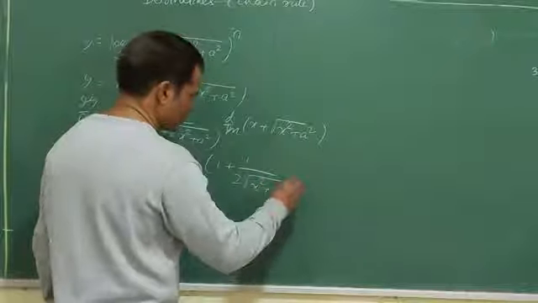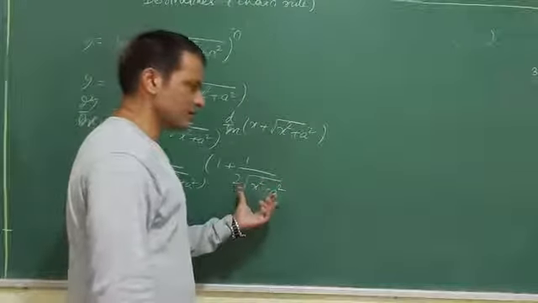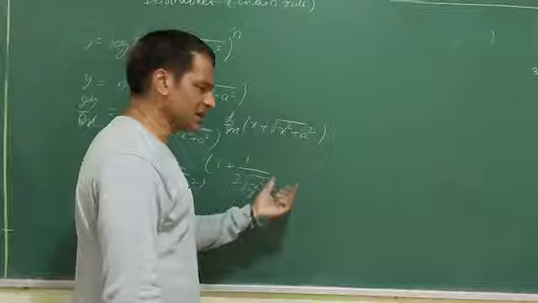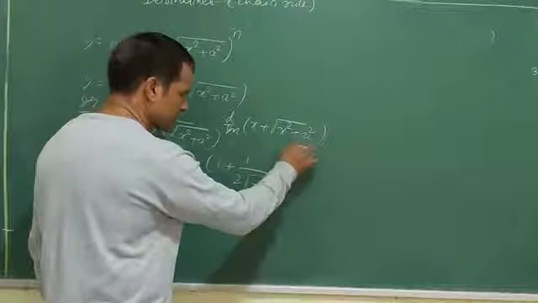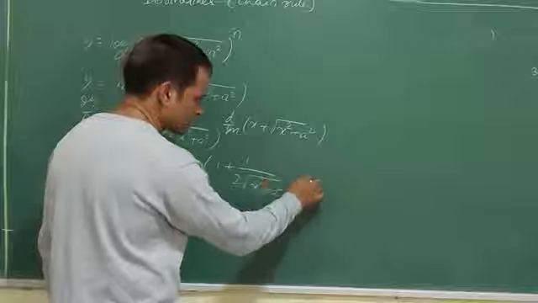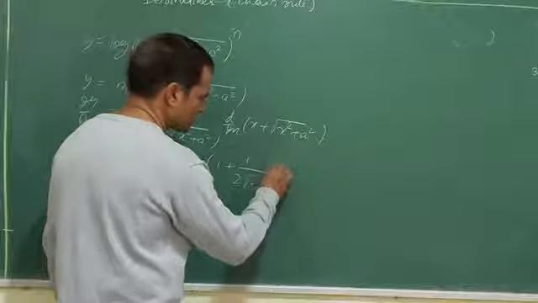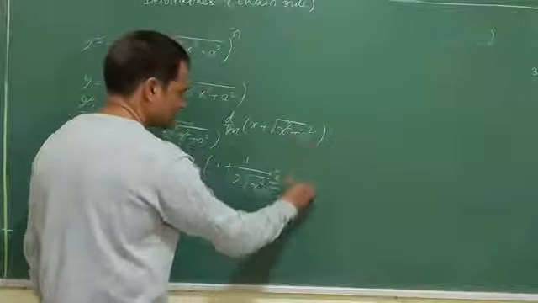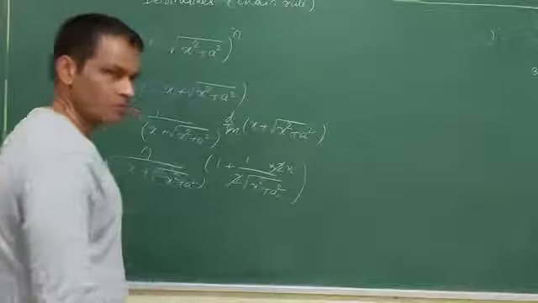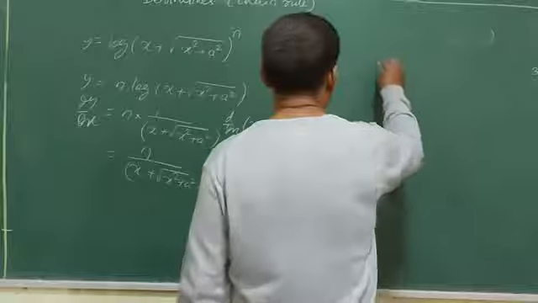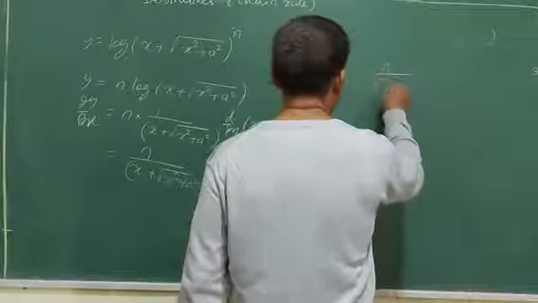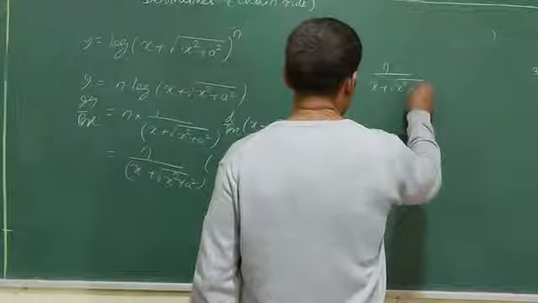Whenever you are going to apply chain rule, you must apply as a product in the numerator. x derivative 1, root x derivative 1 by 2 root x into derivative of x square plus a square, dy by dx of x square plus a square, that is your 2x, because a is a constant, 0. 2 cancels out. But it gives you now n by x plus under root x square plus a square.